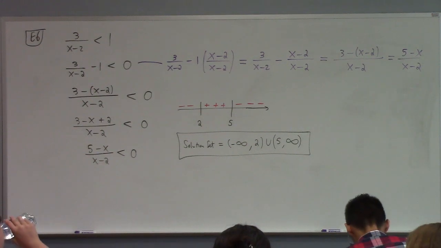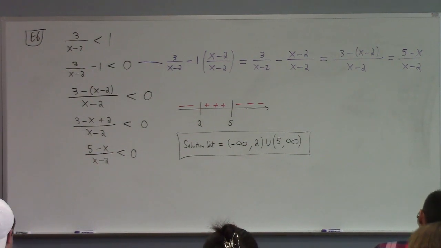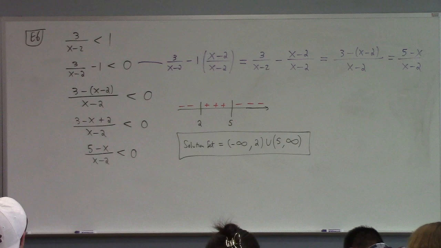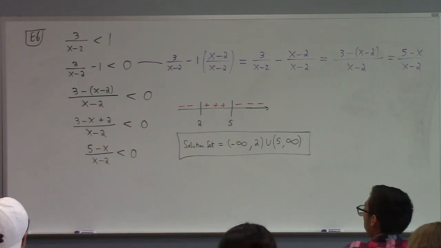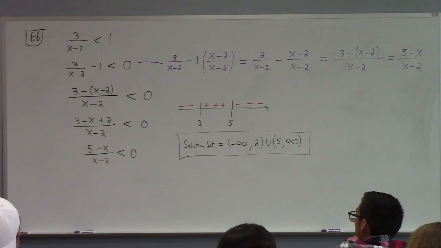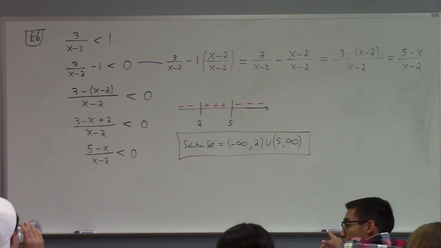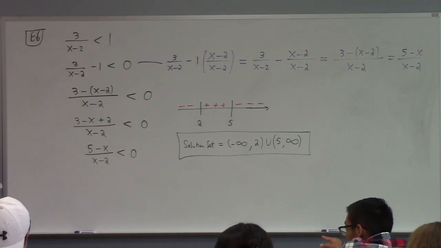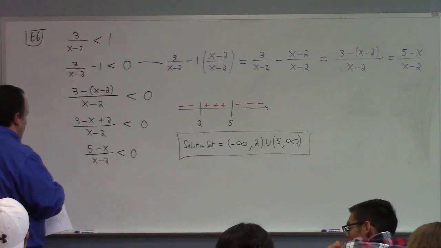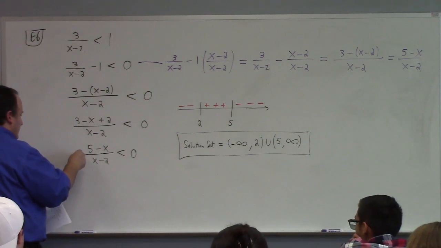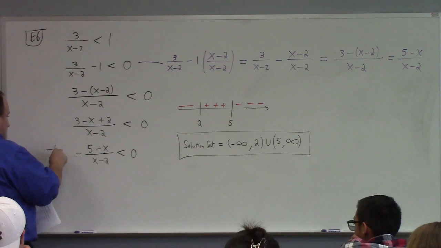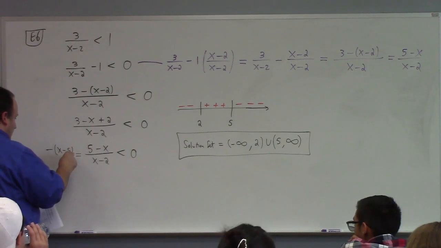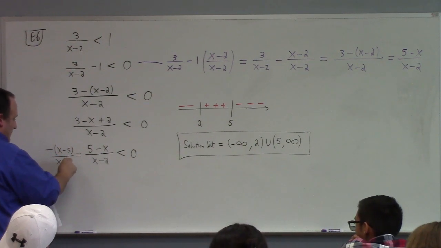Excuse me. If 5 is positive over there, then how come the left side is not negative 2? The left side is negative, because negative 2 minus 2. You can look at this as minus parentheses x minus 5 over x minus 2 if you want to make it look the same.